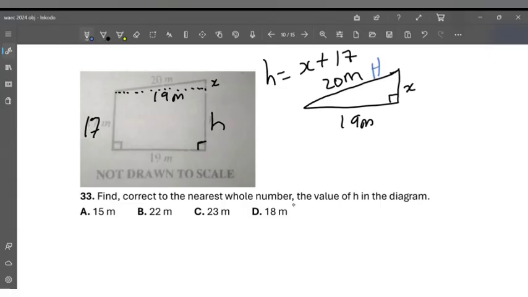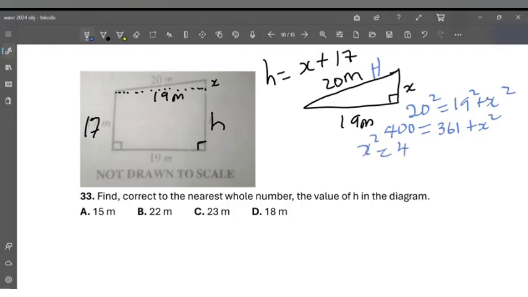So 20 squared is equal to 19 squared plus x squared. 20 squared is 400, which is equal to 19 squared, 361, plus x squared. Collecting like terms, x squared is equal to 400 minus 361, which is 39.